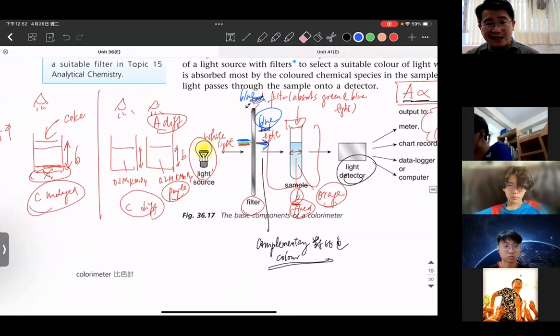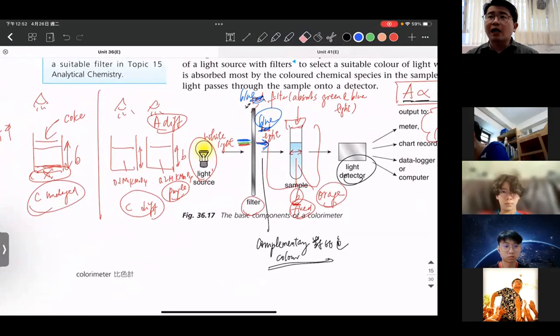In case the sample is colored, it would absorb the light of its complementary color. For example, if the solution is orange, I will choose a blue filter. If the solution is blue, I will shine orange light through it. Can you get my point? Why does the solution appear that color?